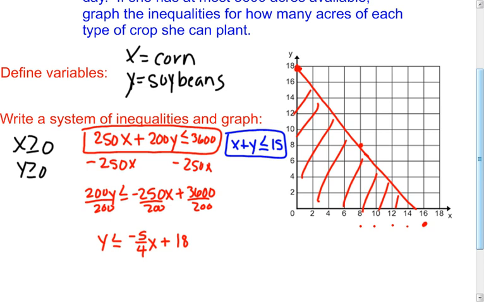Okay, and then the other one, I subtract x. Y is less than or equal to negative x plus 15. So this one crosses the y-axis at 15, has a slope of negative 1. So down one box, right one box, down one, right one, down one, right one. It would look something like this.